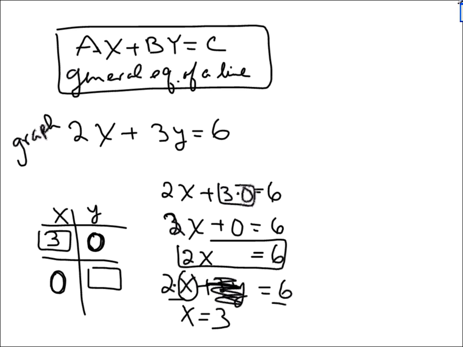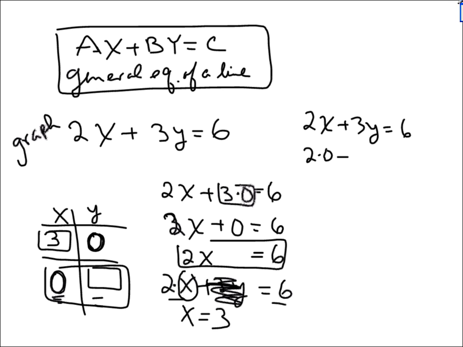Now we move on to where x is 0 and we want to find y. If 2x plus 3y is equal to 6, then 2 times 0 plus 3y equals 6. But 2 times 0 is 0, and 0 plus 3y is simply 3y equals 6.